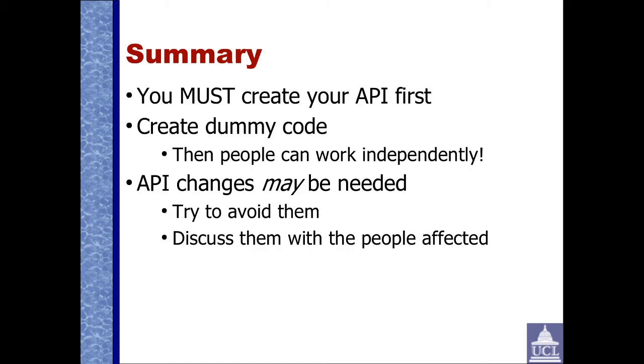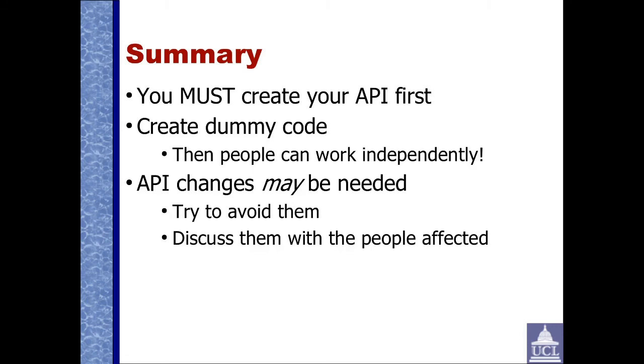Once the API has been defined for the business logic layer and dummy code has been created for the business logic layer, that means that the person doing the CGI development can call those functions. Okay, they might not get the expected results back, but they will get results in the correct format.